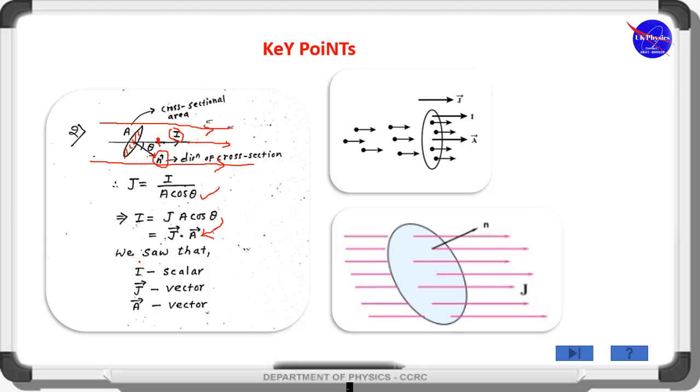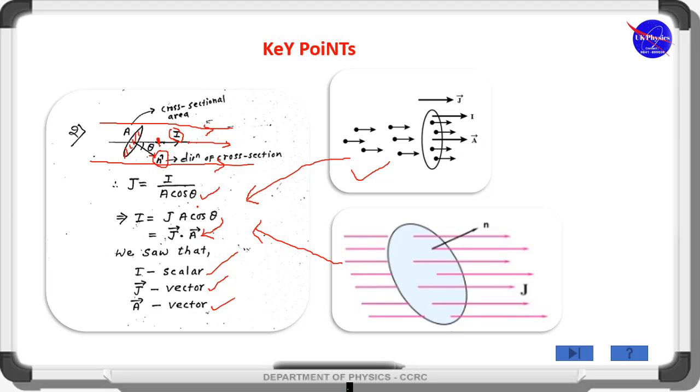We have seen from this expression that I is a scalar because I has become the dot product between two vectors, vector J and vector A. J means the current density, and A is the vector which is the small elementary cross-sectional area. This is the figure about the concept which I have discussed here.